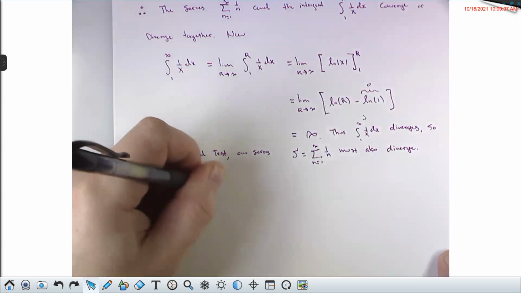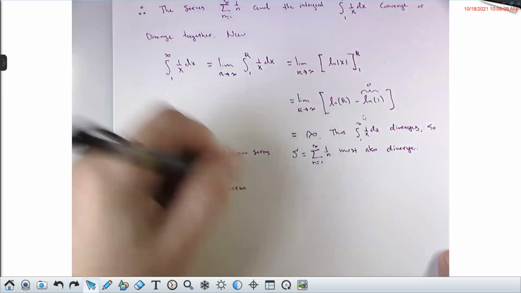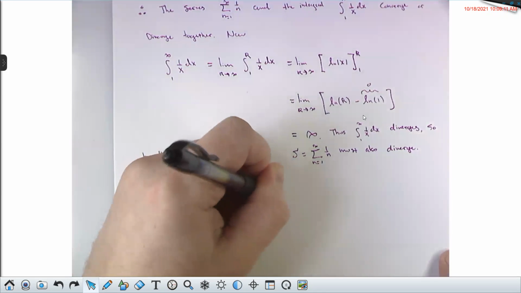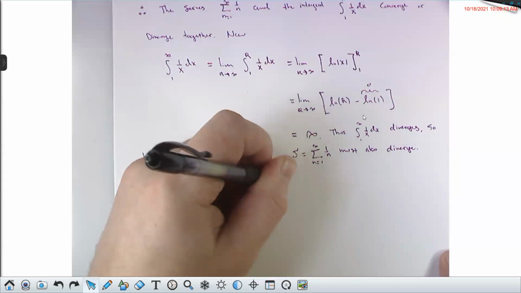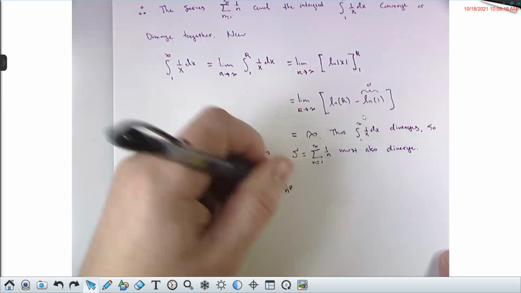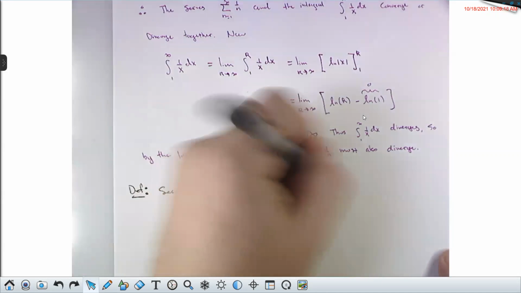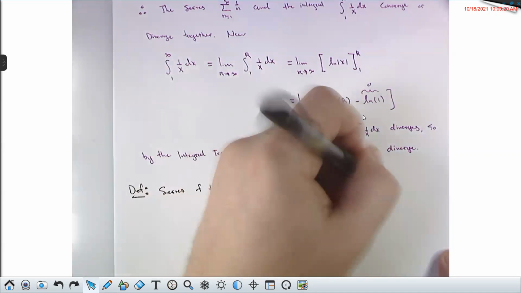Series of the form sigma n from 1 to infinity, 1 over n to the p, are called p series.